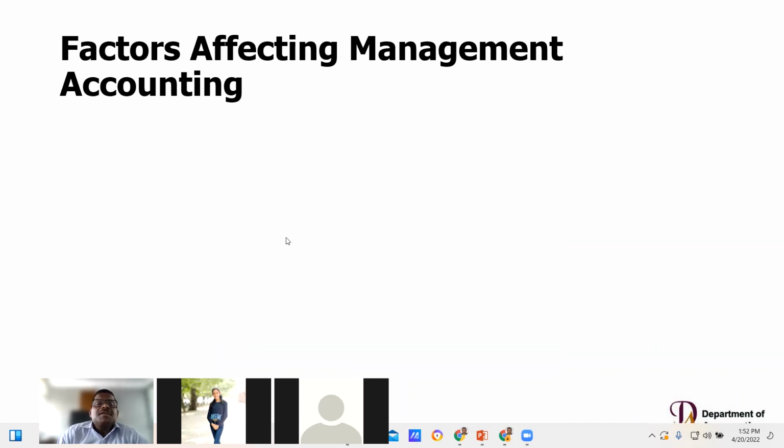Then factors affecting management accounting. So what factors affecting you when you are in the university? What factors affecting when you were in the school? What factors affected when you at home? Affecting means influencing.